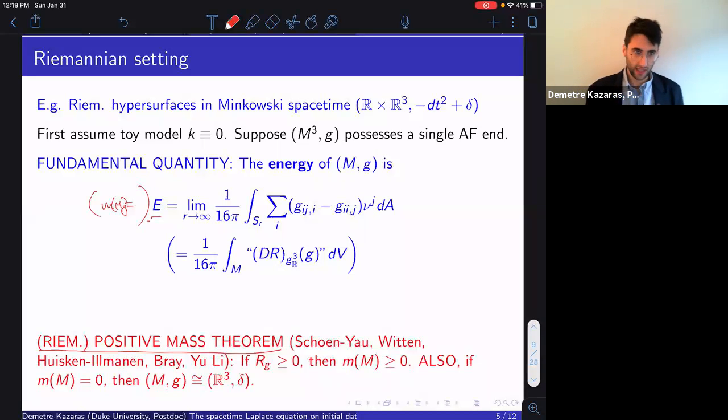The theorem says if the scalar curvature of your manifold is greater than or equal to 0, so if there's somehow non-negative matter content, then the total mass of the system should be non-negative, a physically reasonable statement. Moreover, if this mass, you could also call it energy, it's the same thing in this toy model, is 0, then the only way that can happen is if you're flat. The entire manifold is flat R3.